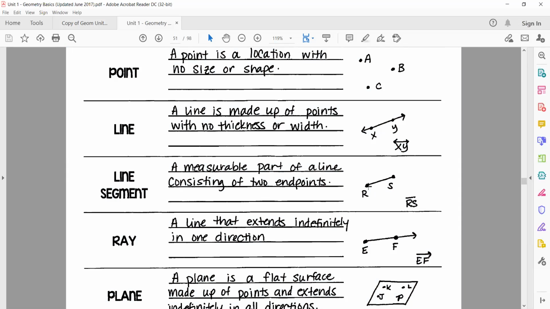We could measure this segment here, RS. We cannot measure that line XY, because that line XY goes on forever in both directions. RS has a starting and ending point.